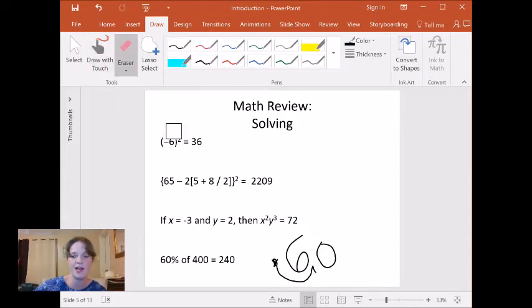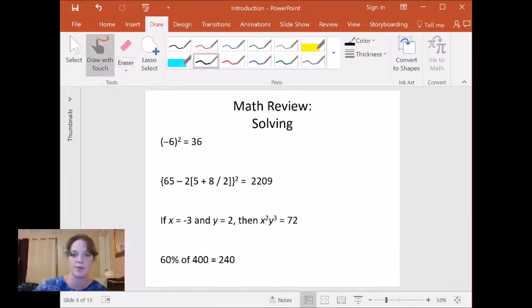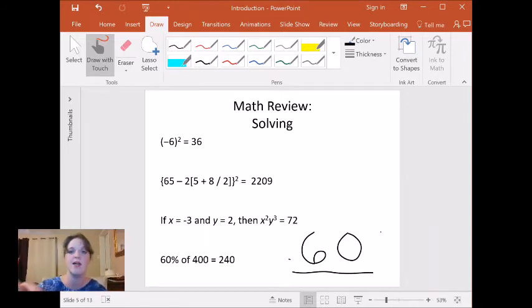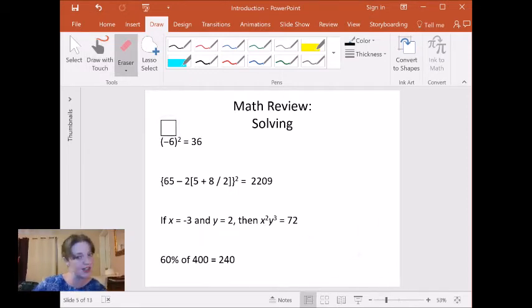Now it's not a percentage anymore. It's a proportion. It's a proportion of 0.60. Always move it over 2 places, right? Let's do one more. So 60% is the proportion of 0.6.